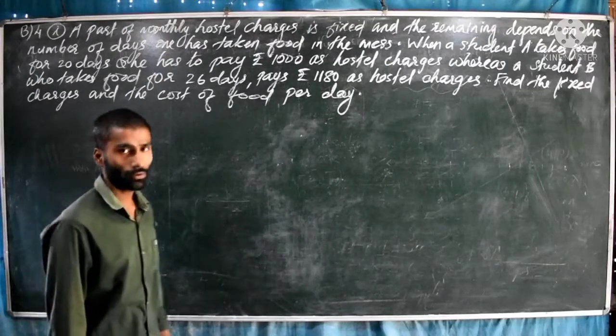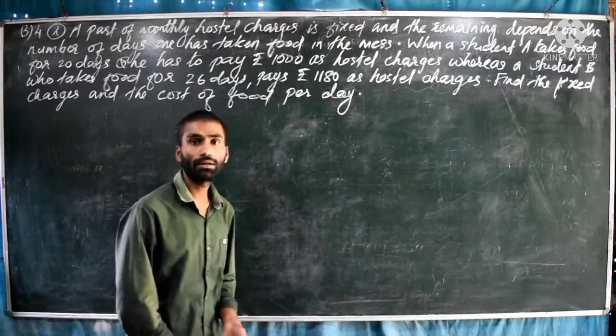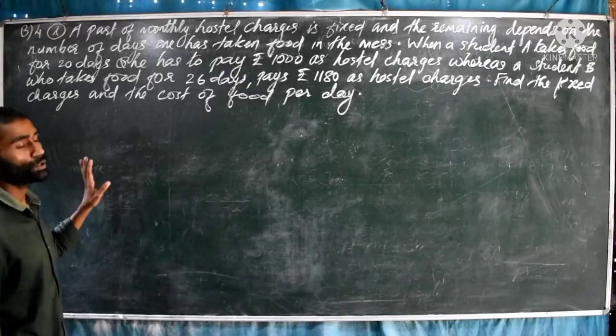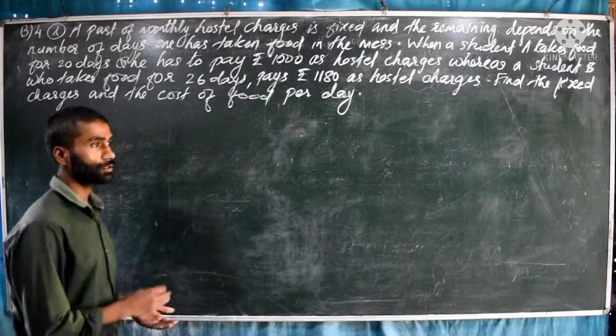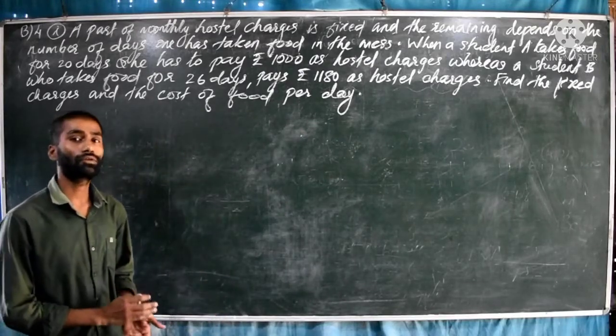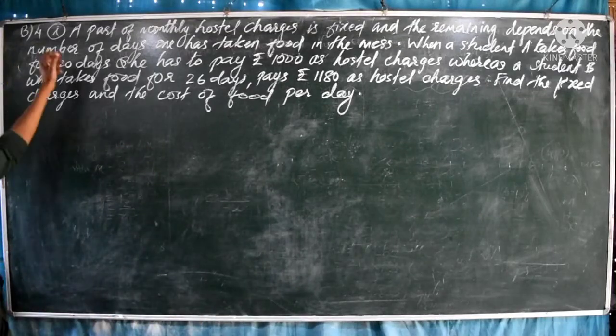We have learned about the cross multiplication method, the substitution method, and the elimination method. And then here we can use any method in order to get our answer. But if in the question it is mentioned to use a particular method, then there you will have to use that particular method. So here first let us start with the question.